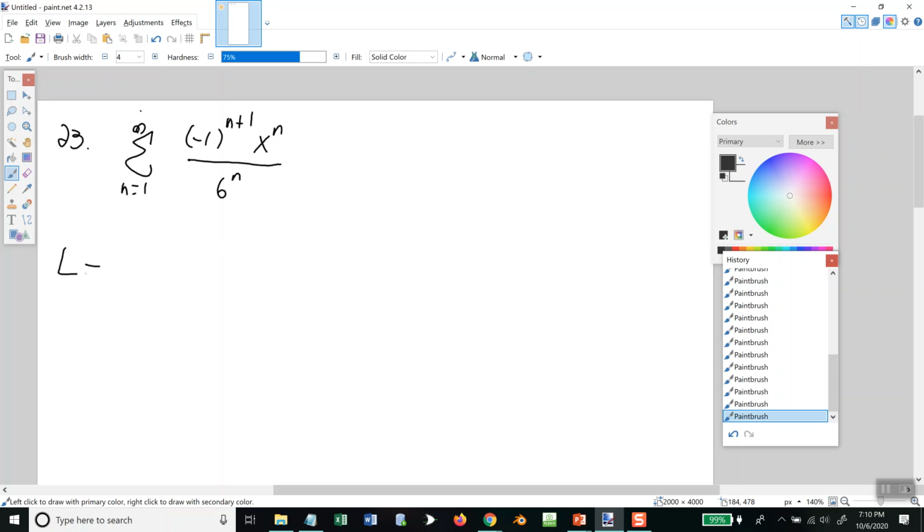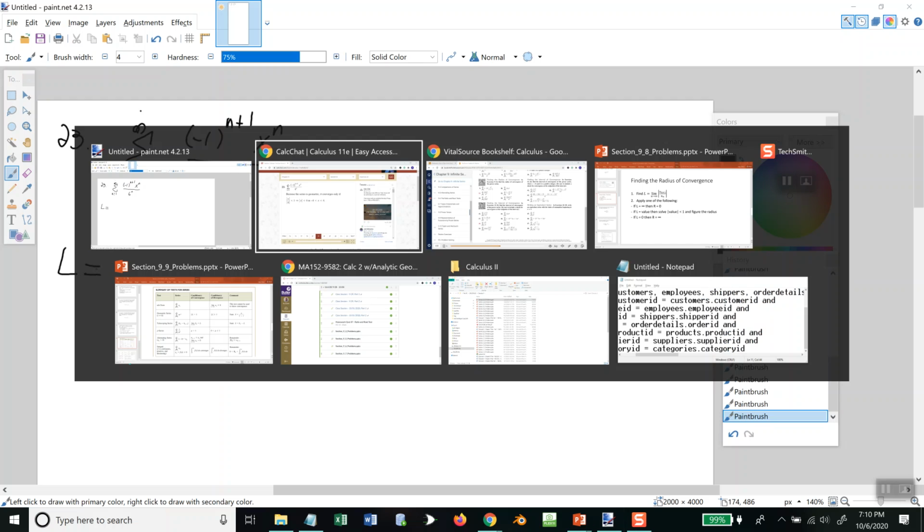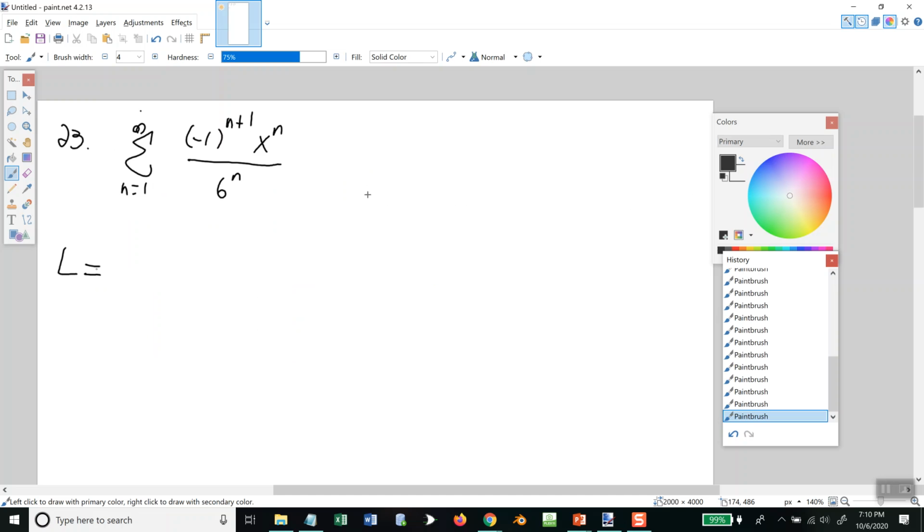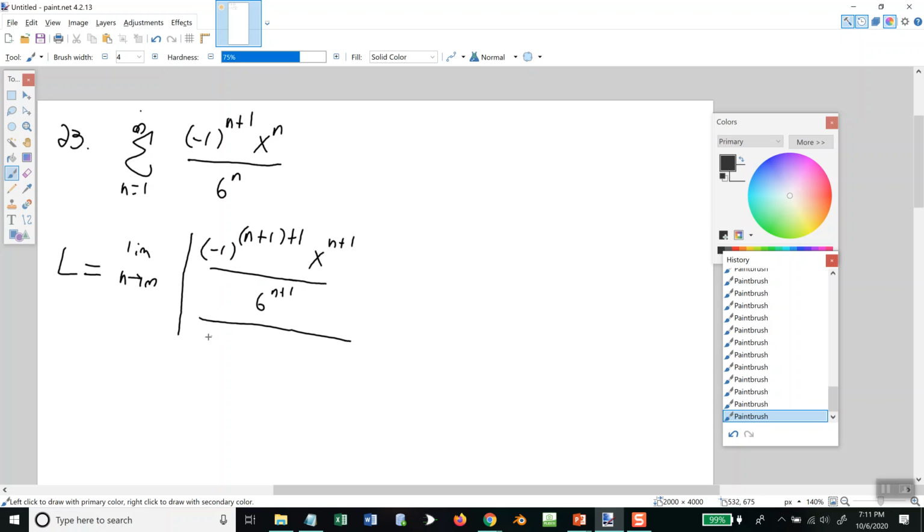Okay, so again, we want to find this limit. This will be -1 to the n plus 1 plus 1, because we're plugging in n plus 1 for n, x to the n plus 1 over 6 to the n plus 1, all over -1 to the n plus 1, x to the n over 6 to the n.